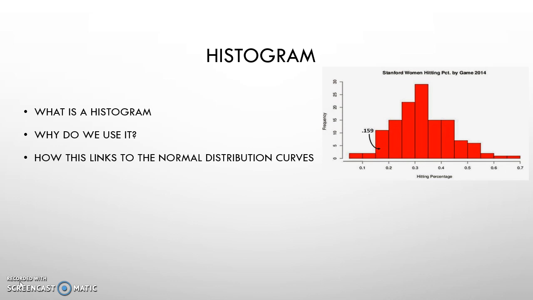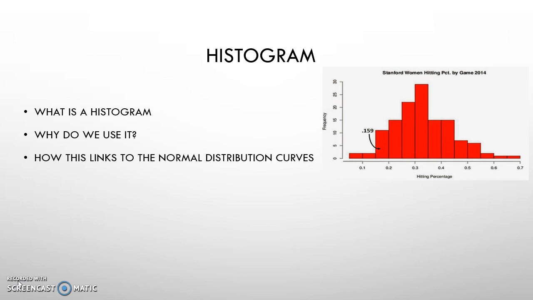So the furthest left bars are relatively low, and then getting towards the middle, much higher. The reason the outer ones are low is because not a lot of people hit in that range, whereas in the middle you see a lot more people getting that hitting percentage, which is in between 0.3 and 0.4, so around 30 to 40% hitting percentage.